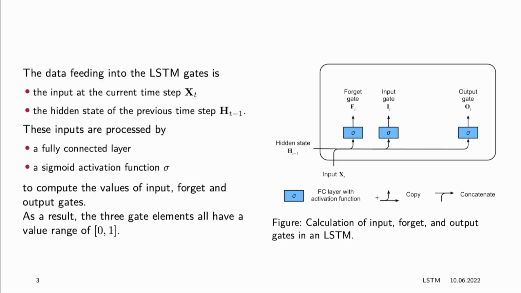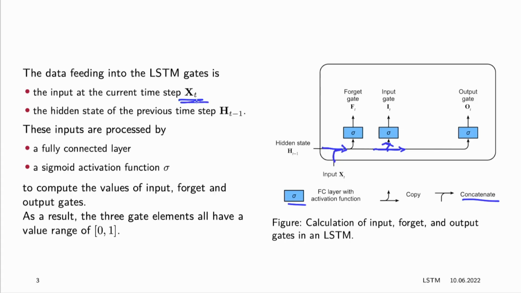Here we see parts of the LSTM, so this is not yet the complete cell. Again, in this chart, an arrow that goes in 2 directions means that the information is copied. If 2 arrows come together, then we concatenate the inputs, and sigma is again a sigmoid function that goes from 0 to 1.